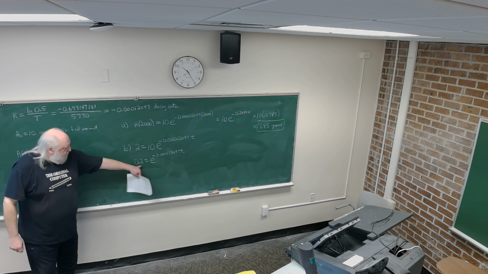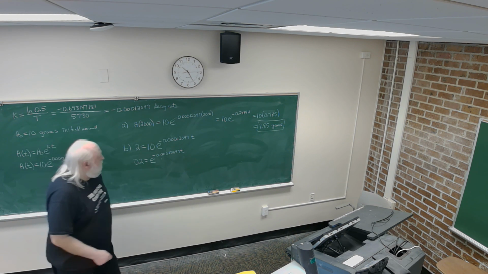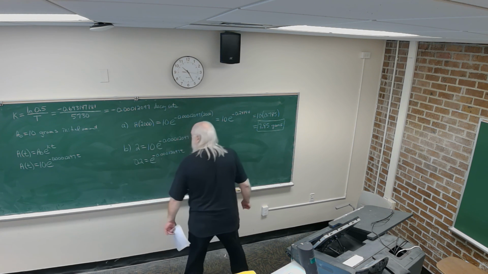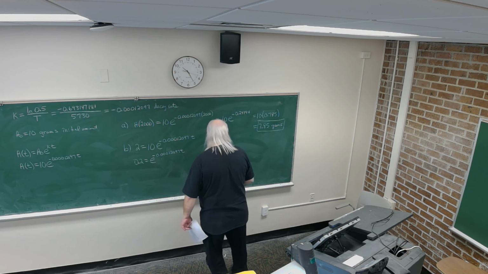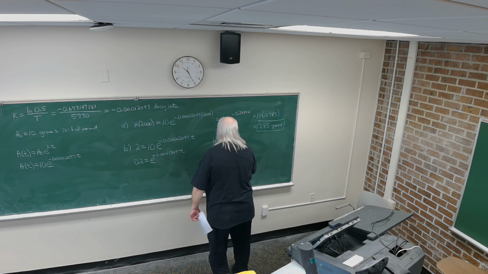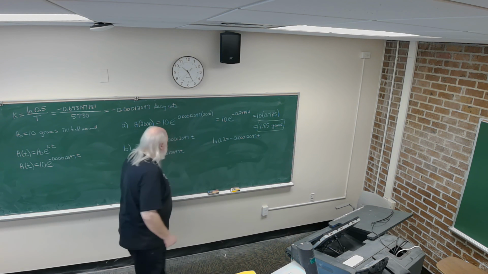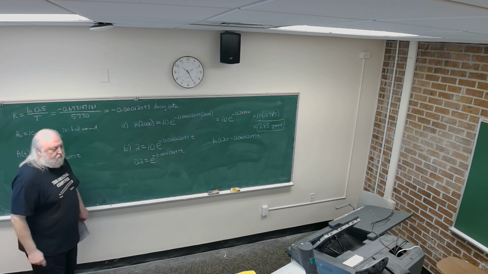Now to get rid of the e, you have to take the natural log of both sides. So we have the natural log of 0.2 is equal to the natural log of the right-hand side, which is minus 0.000120097 t. I just skipped a step.